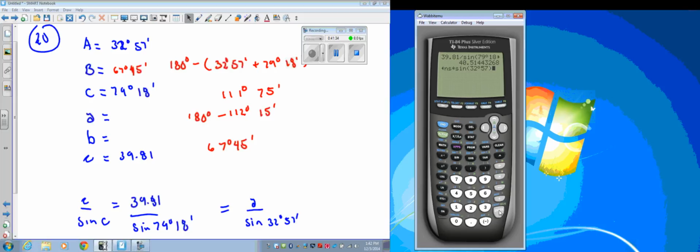Okay, I've got everything down right, and it doesn't like what I did. Oh, I put that bracket in.